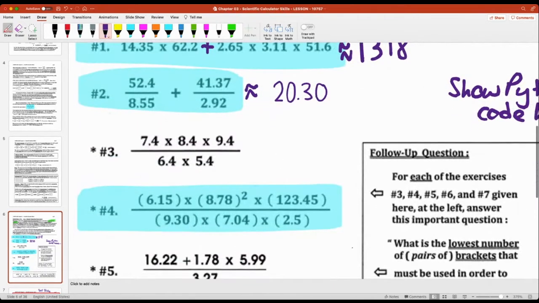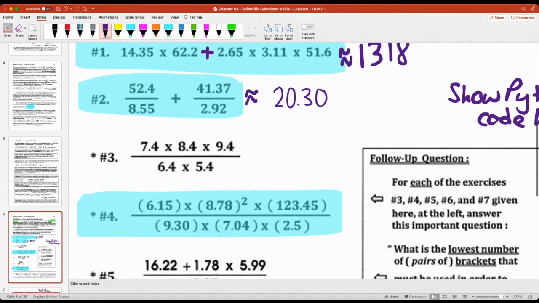How about this mess down here? Number 4. I'll upload this booklet at the end of class and basically just look through the booklet. This is what you should really do: look through the booklet, and any question I've highlighted in blue is a good question for you to try on your own.